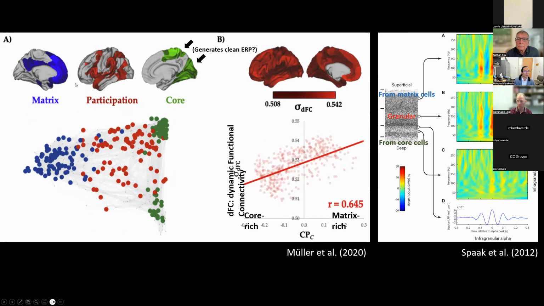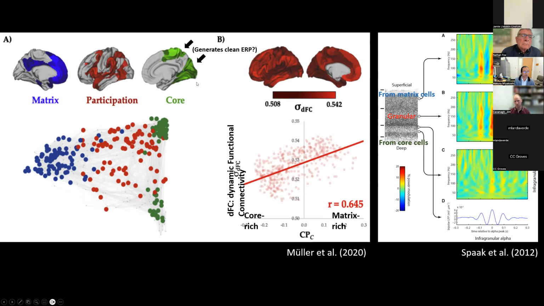And matrix cells, well, I would say maybe one exception to my assumption is the error-related negativity. You know, the error-related negativity shows very nice ERP patterns, but overall, in these orbitofrontal or frontal regions, I don't expect beautiful phase reset, nice ERPs. So I thought maybe the core-matrix difference is also related to the ERP observability.